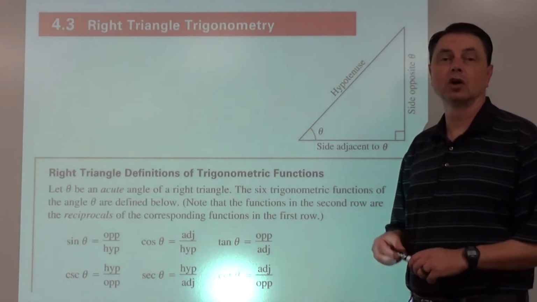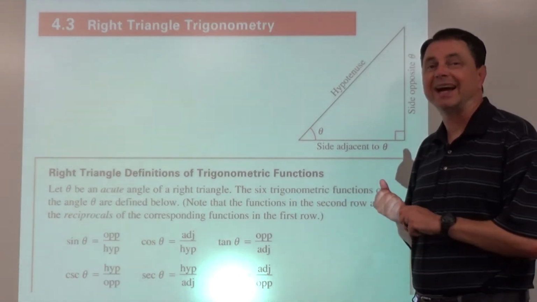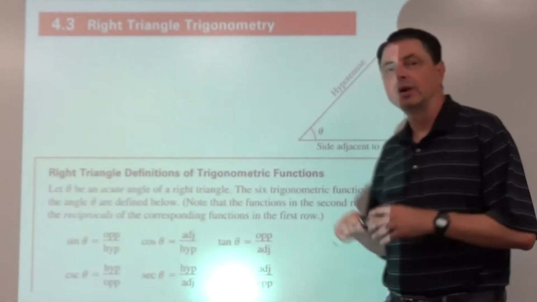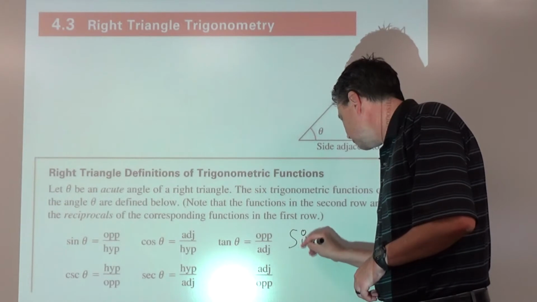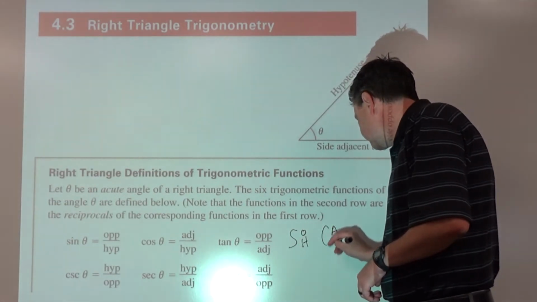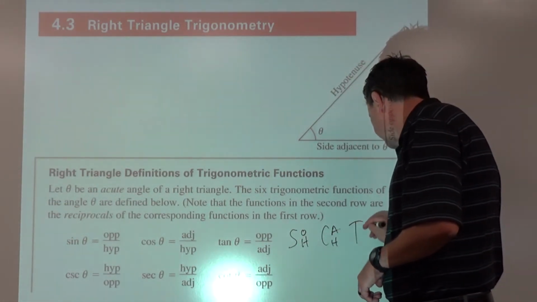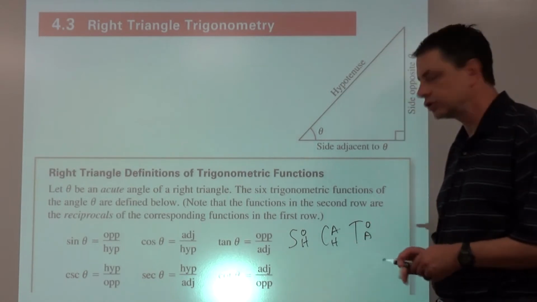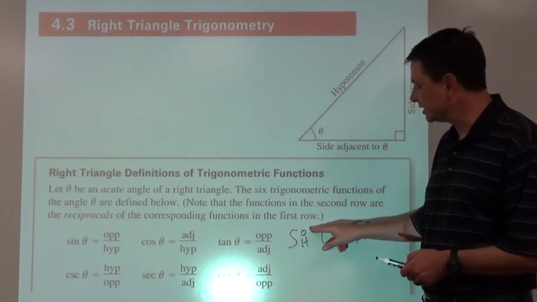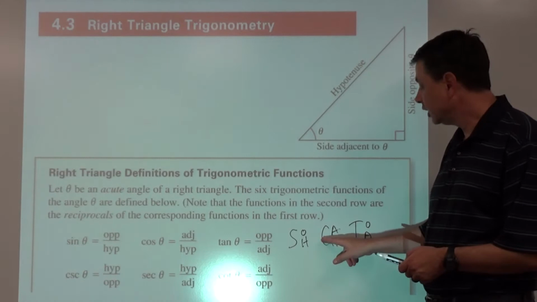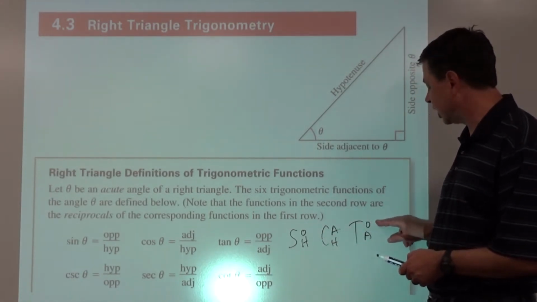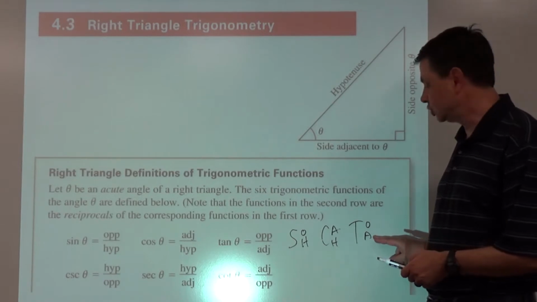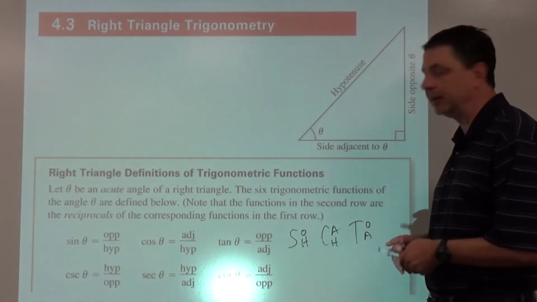When you initially learned this, possibly back in Math 2, you might have heard the phrase SOHCAHTOA. Sine is opposite over hypotenuse. Cosine is adjacent over hypotenuse. Tangent is opposite over adjacent. And that's for our 3 primary functions.